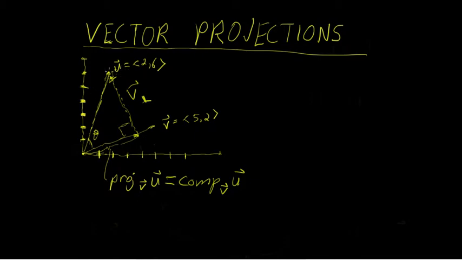So if these three vectors form a right triangle, then you might expect that the length of this projection vector, projection onto v of u, is going to be the length of u times cosine of this angle, because this is the adjacent side here.